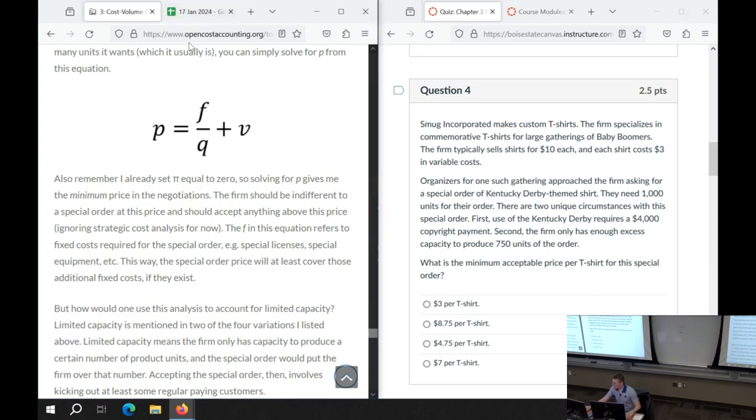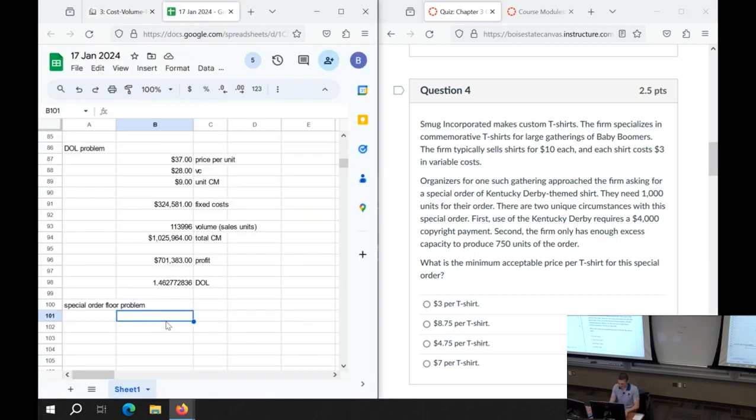So let's set this up. We're looking for the price. We know 10 is the regular sales price per unit. 3 is our variable cost.